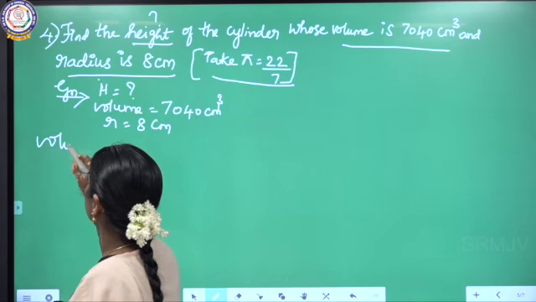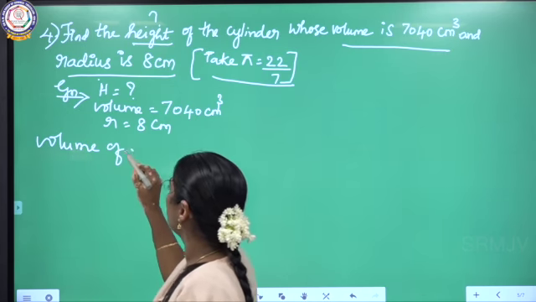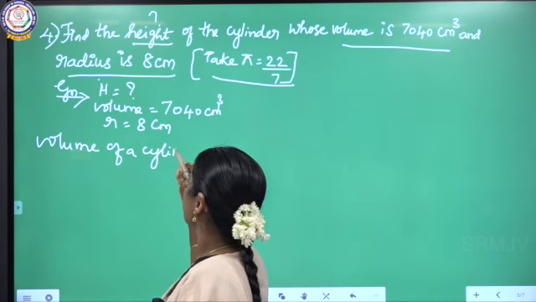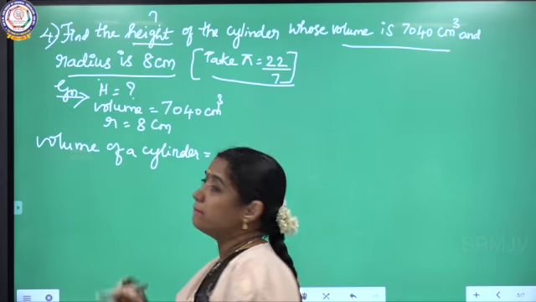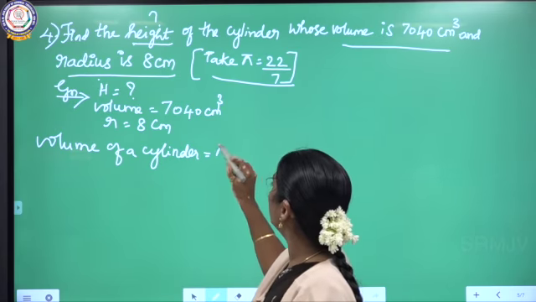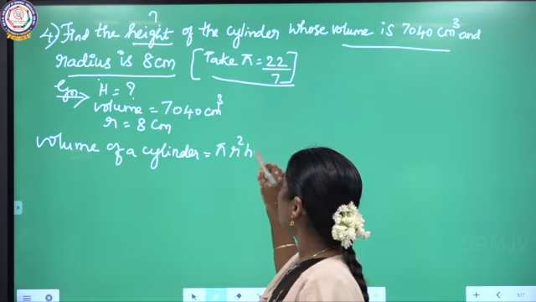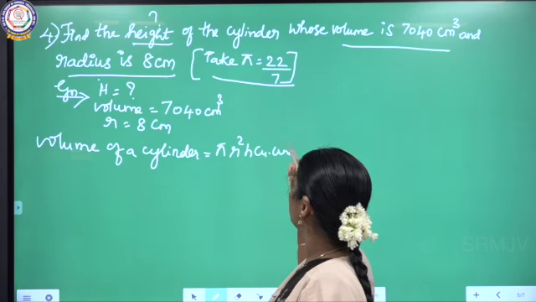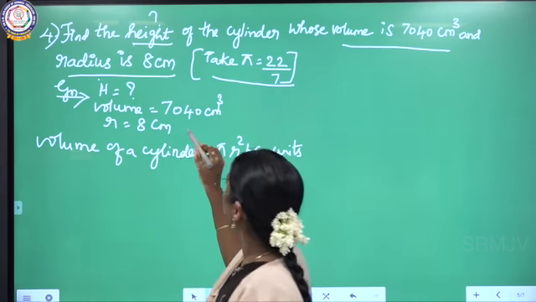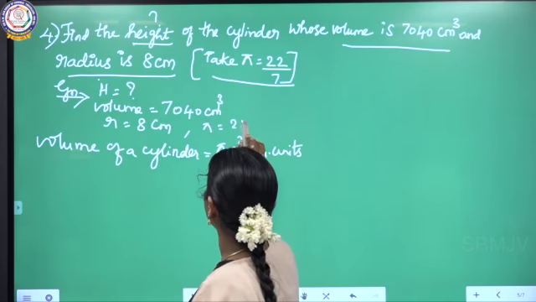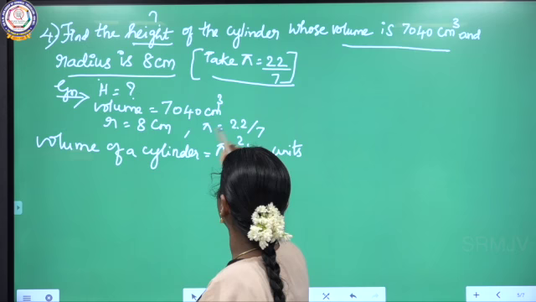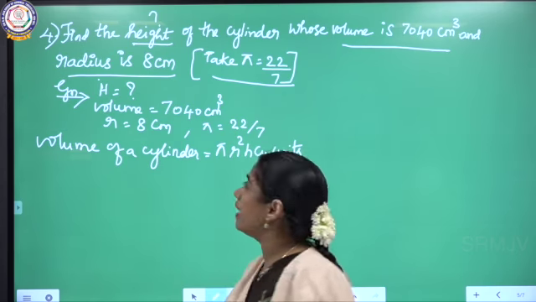Volume of a cylinder is equal to pi r square h cubic units, and pi is 22/7.